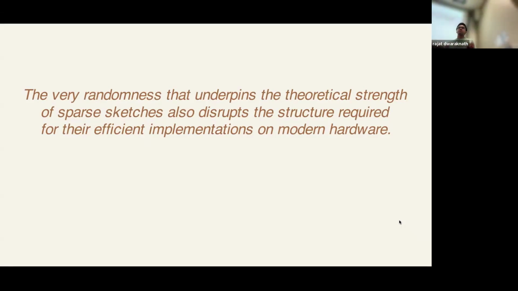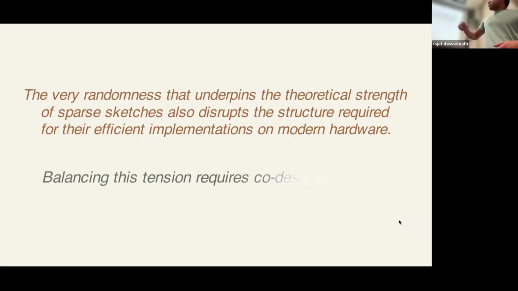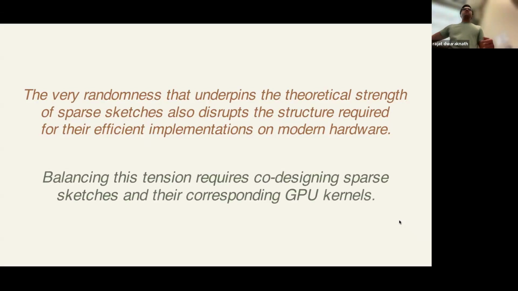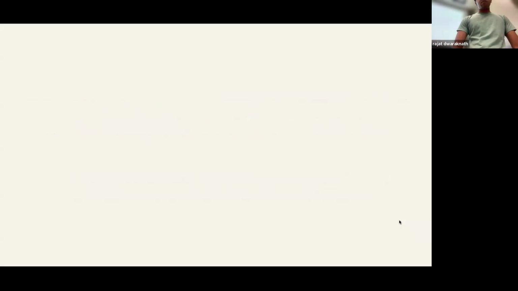The goal here is to sketch faster, right? Which means changing the sketch is fair game. So if you want to balance the tension between math and machine, you put both of them in a room together and negotiate. Okay, so let's see what that means. So let's balance this tension.